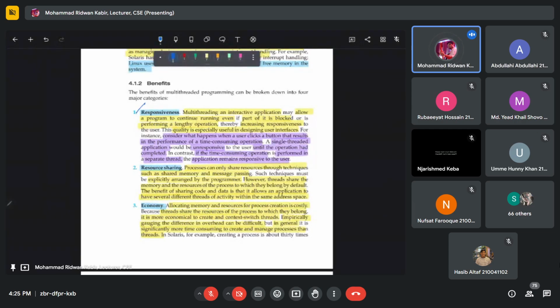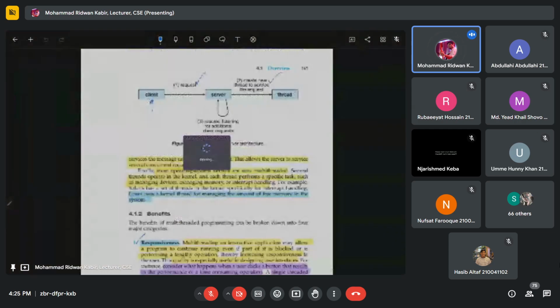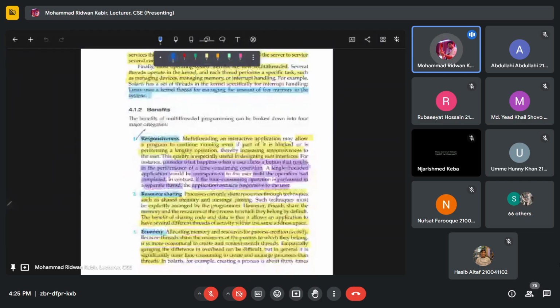Okay. So the processes can share resources, and these are shared using the techniques that we have discussed earlier. It was either using message passing or shared memory, right? But the threads, unlike processes, share the memory and resources of the process to which they belong by default.